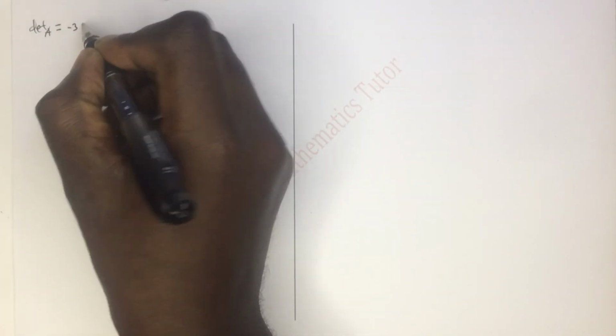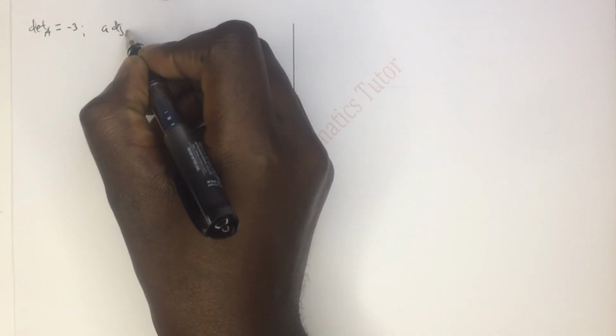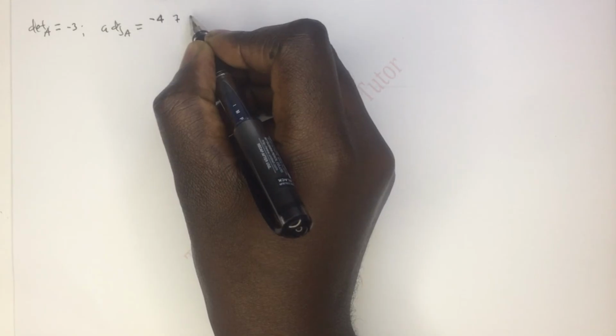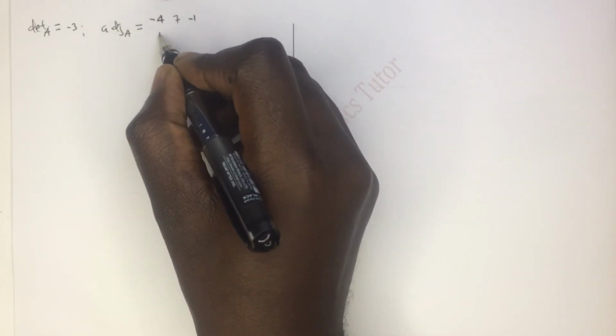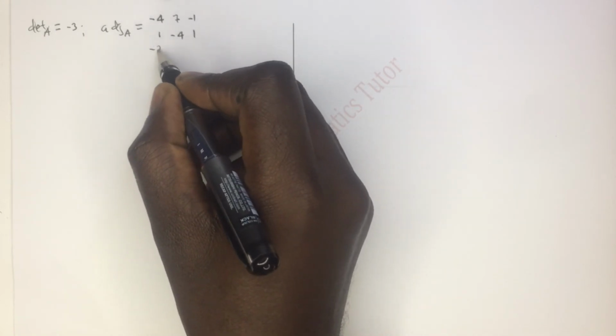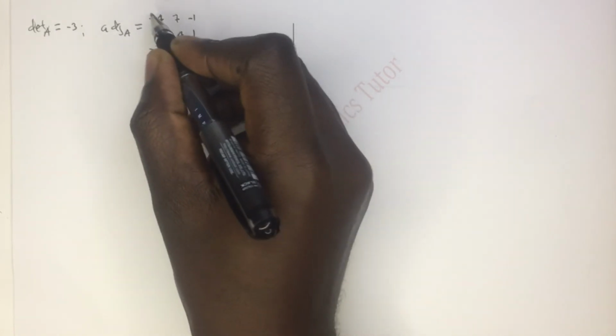Now we have the determinant of A as -3, and we also have the adjoint of A as -4, 7, -1, 1, -4, 1, -2, 2, 1.